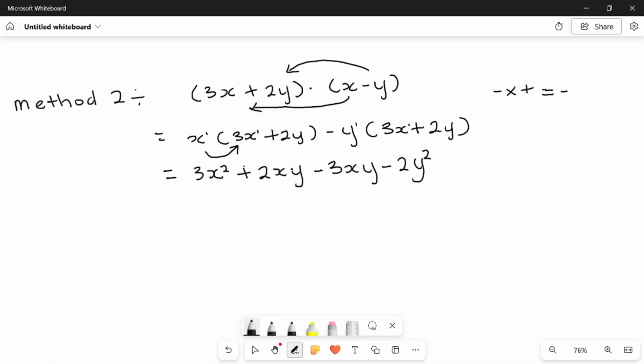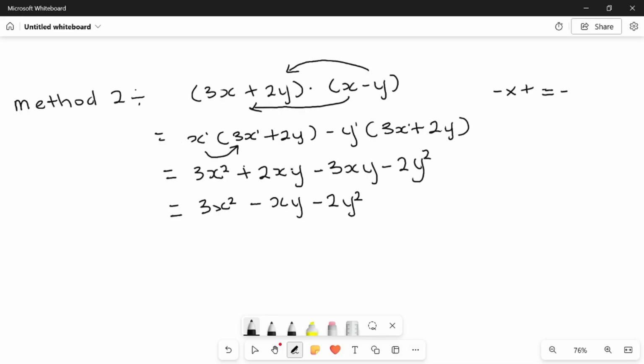Just like our previous method, they will further simplify. Is there any value that is similar to this among all these ones? No. So we bring it out. We have 3x square plus 2xy minus 3xy, and finally we have minus 2y square.